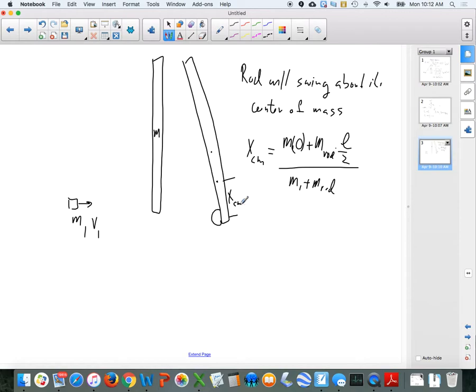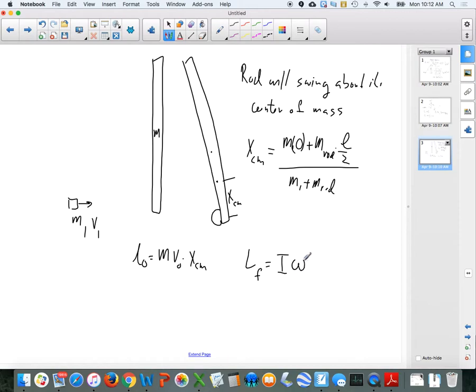And now when I calculate angular momentum, I need to set that up as follows. Incoming initial L0 is m v0 x center of mass. And then L final is going to be I omega.